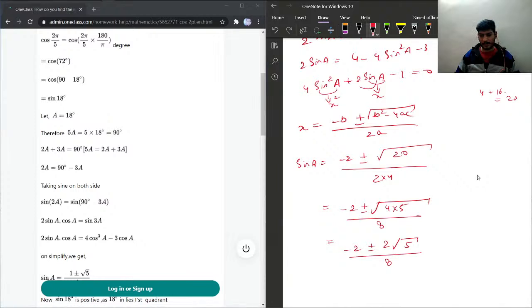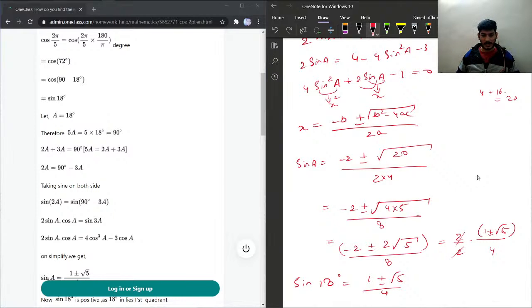I'll take 2 common, so this will become 2 over 8 times minus 1 plus or minus square root of 5, and the 2s get cancelled. Therefore sine of 18 degrees will be minus 1 plus or minus square root of 5 over 4.